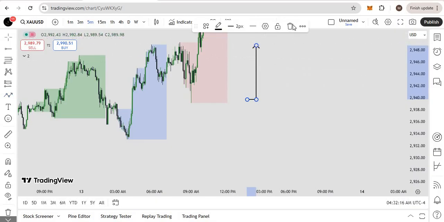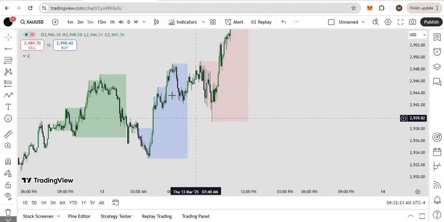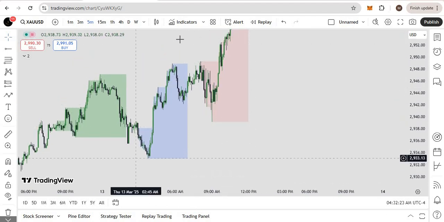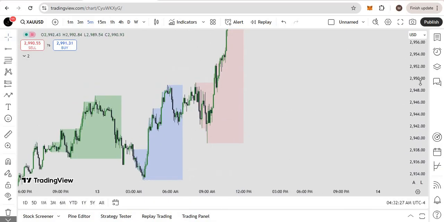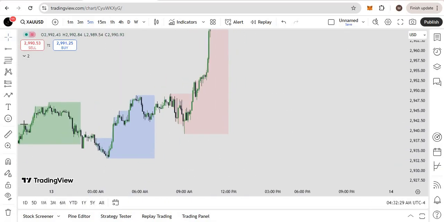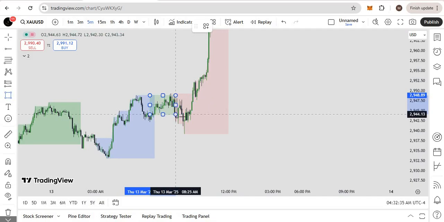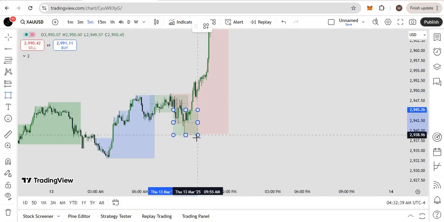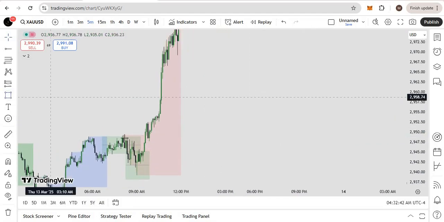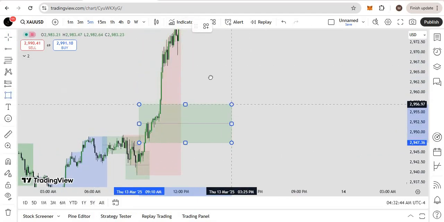When it is extremely bullish, you will see the manipulation within the price action. What does this mean? You will see the PO3 inside: accumulation, manipulation, and distribution.